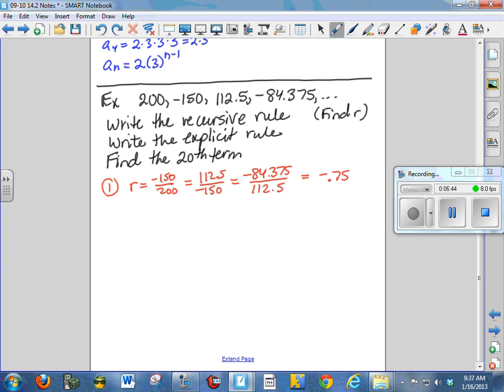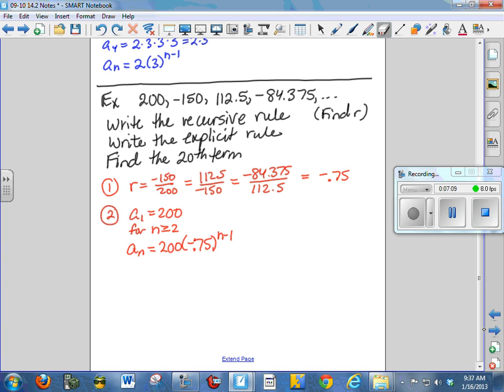So our recursive rule would be a sub 1 is equal to 200, and for n greater than or equal to 2, a sub n is first term 200 times negative 0.75 to the n minus 1.